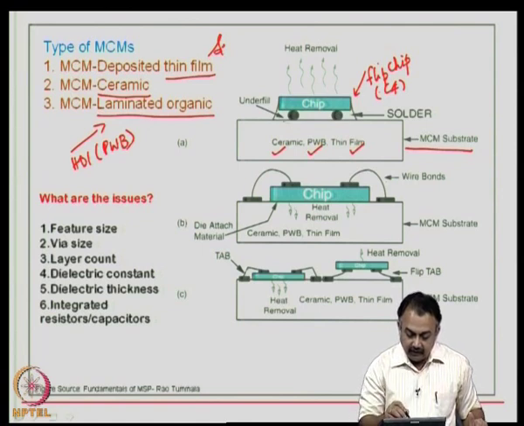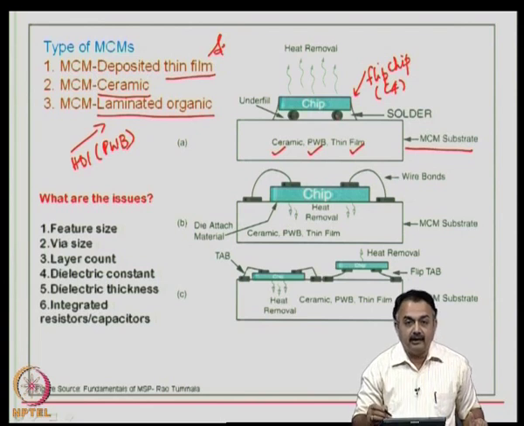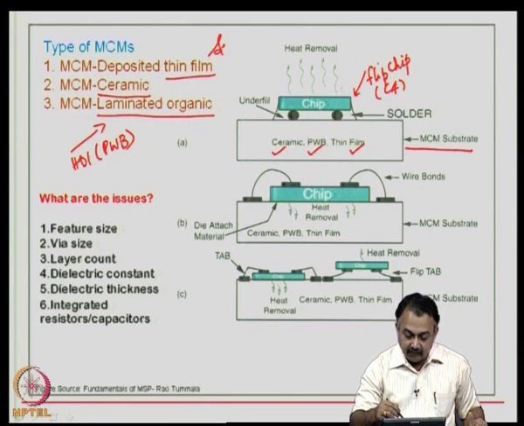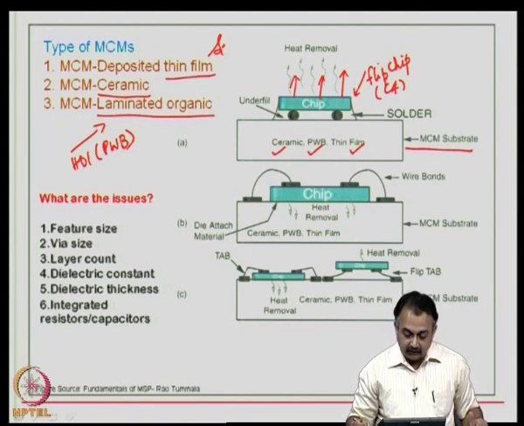So, you will have an underfill, you will have a solder bump interconnected onto the MCM substrate. The heat is of course, as briefly mentioned earlier, is dissipated through the surface of the chip to the external environment. So, you can have a flip chip on an MCM substrate.